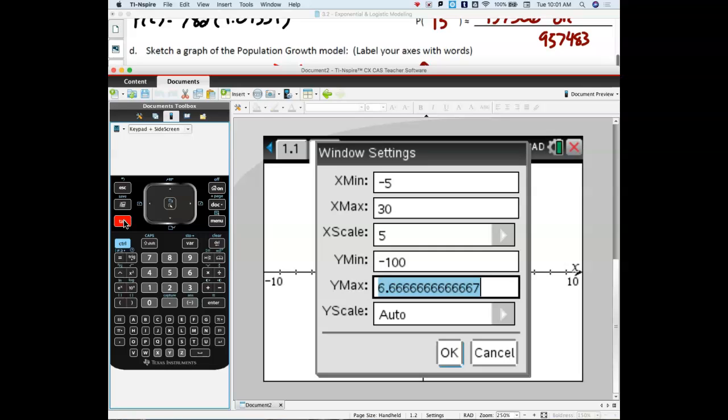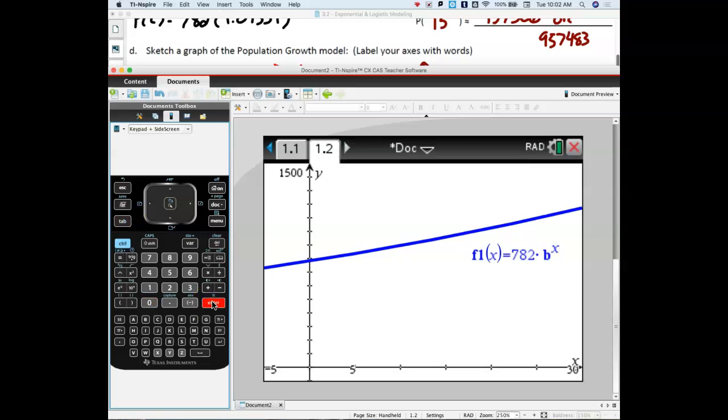So do I type in 1 million there? No. What's 1 million on my graph? 1,000. So I need to go somewhere above 1,000, right? Okay. 2,000? 3,000? How about 1,500? And there I'm going to go by hundreds. Wow. How neat is that?